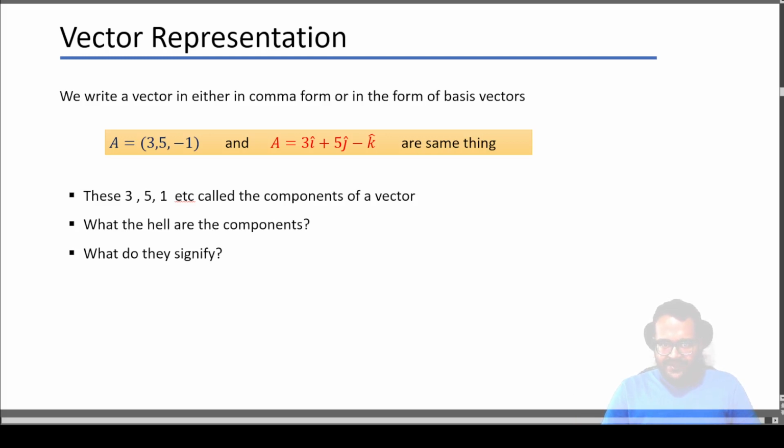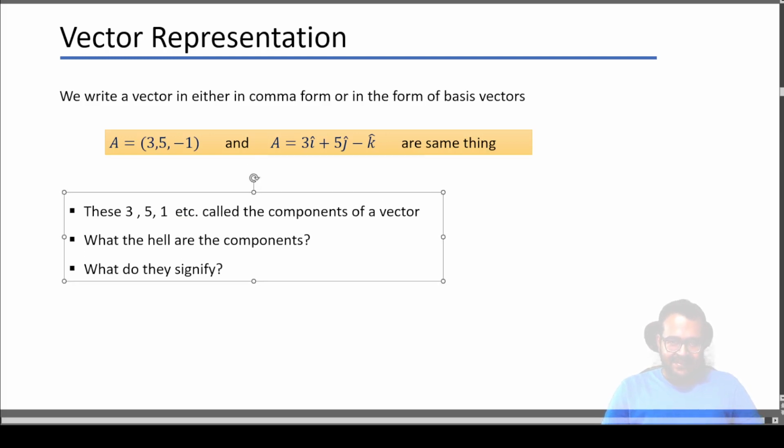I will understand the same thing. They mean exactly the same thing. They mean we have components of the vector 3, 5 and minus 1 in the x, y and z direction. 3, 5, -1 are the components of the vector. What do they signify? You may all know it, but still there is no issue in looking.